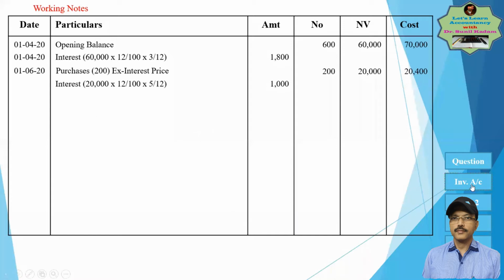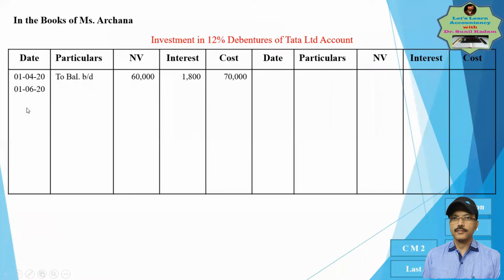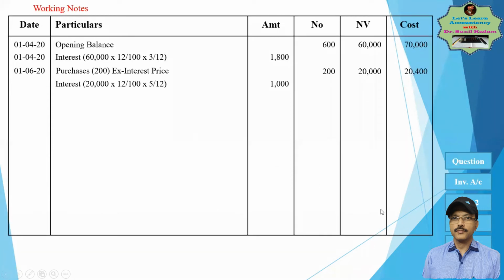So let's record on the investment account debit side 1st June to bank, nominal value 20,000, interest 1,000, and the cost is 20,400, recorded. So after purchases, let's check what balance is available with us on 1st June. The balance on 1st June is 600 plus 200, 800, 80,000, and 90,400 is the balance available with us.